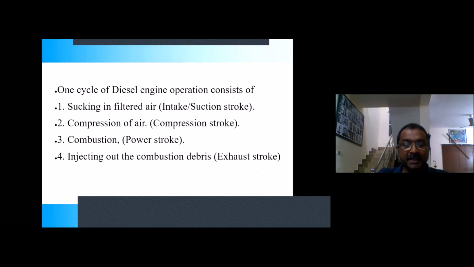In this third stroke only, the engine will deliver power to you. In all the other 3 strokes, the engine will absorb energy from outside. We have to serve energy for all the other 3 strokes. But the third stroke, the combustion stroke, is termed the power stroke because in this stroke your engine will deliver power to you.